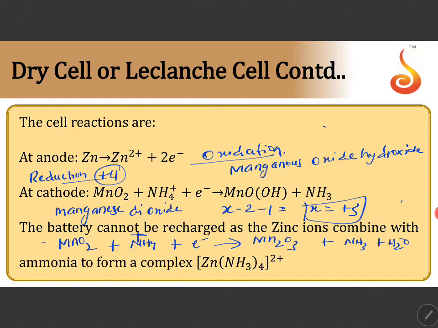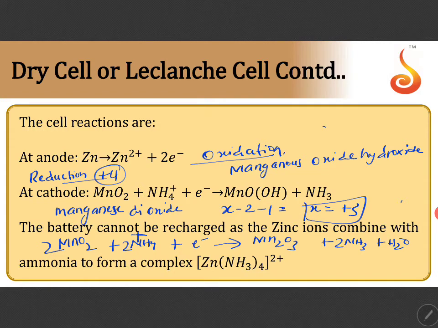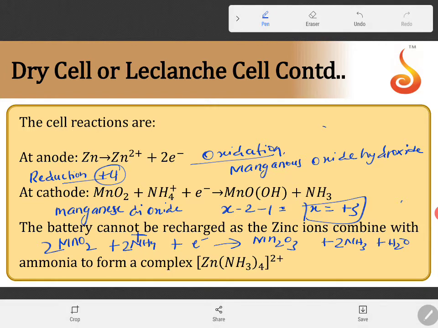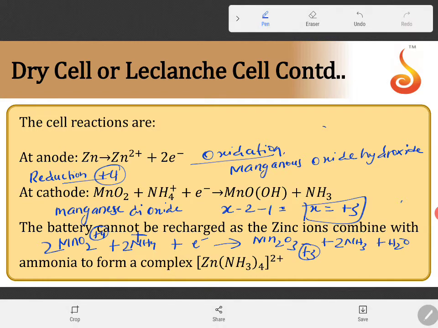So here 2 Mn balance. Then you can also put here 2 ammonium, 2 ammonia, get balanced, and the other things are automatic. So here also oxidation state is +4, and here also oxidation state will be +3.